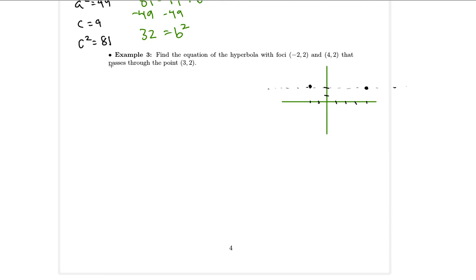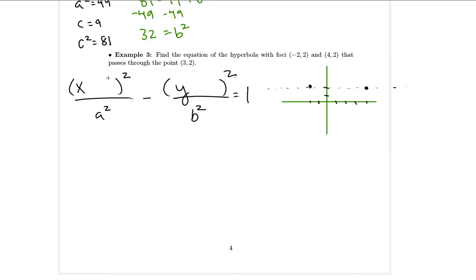So these are going to be side opening hyperbolas here. And right off the bat, like in the last one, I can immediately say I'm going to have x over a squared minus y squared over b squared is equal to 1. So do I know my center? Well, sure I do.